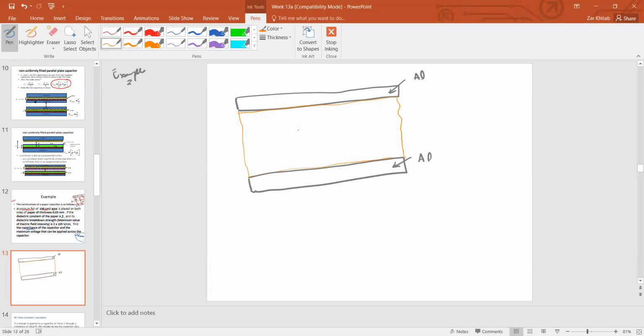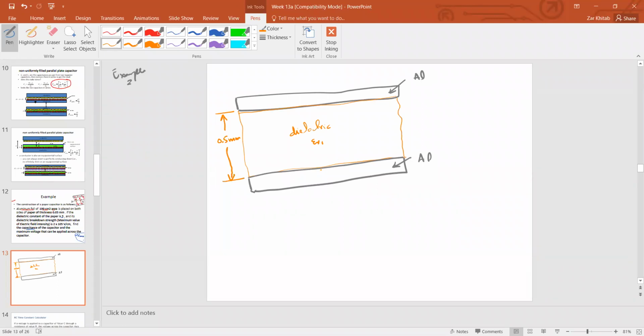So let we have a dielectric epsilon R1 here, between two aluminum plates. And say this thickness is 0.5 mm, just for example. The separation between the two is 0.5 mm.